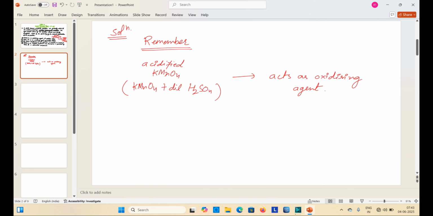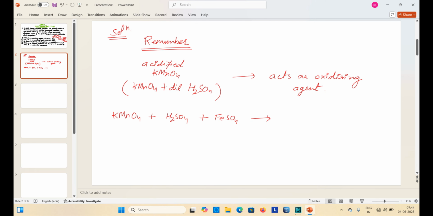So here you are adding dilute ferrous sulfate in acidified permanganate solution, which is KMnO4 plus H2SO4, and you find that the color of the solution disappears.